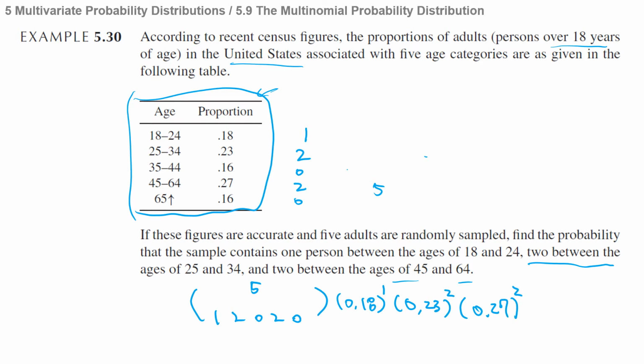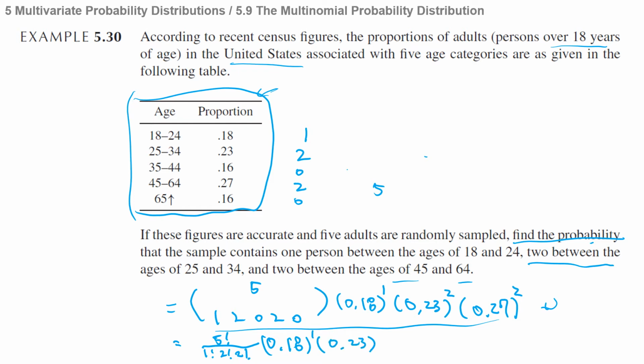So this is the probability that the sample contains one person between the age of 18 to 24. Actually, this is 5 factorial divided by 1 factorial, 2 factorial, 2 factorial, times 0.18 to the 1, 0.23 to the second, and 0.27 to the second. Okay, if you calculate this, you will get the answer.